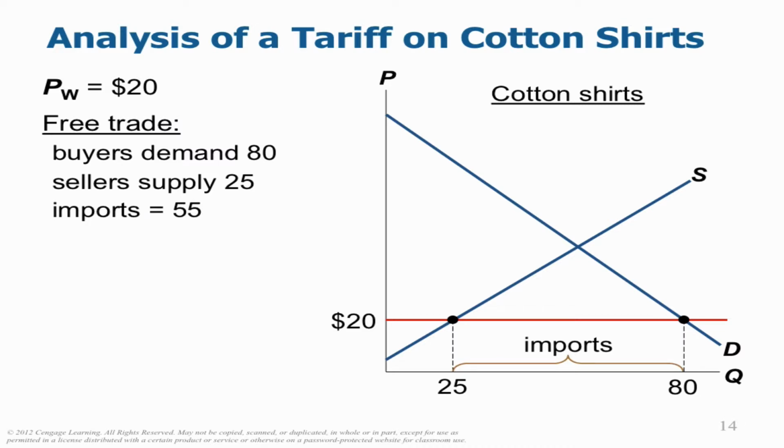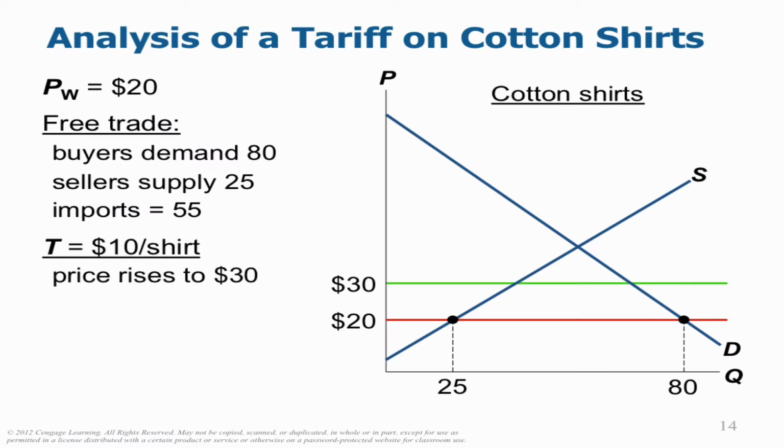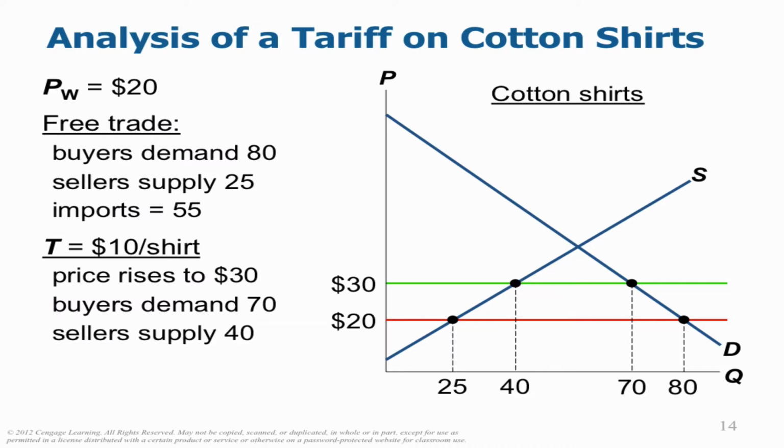Okay. But if we put a tariff in place, what's going to happen to this price? It's going to go up $10 to $30. Our new demand at $30 is 70 shirts. Our new domestic supply is 40 shirts, and so we now only need to import 30 shirts.